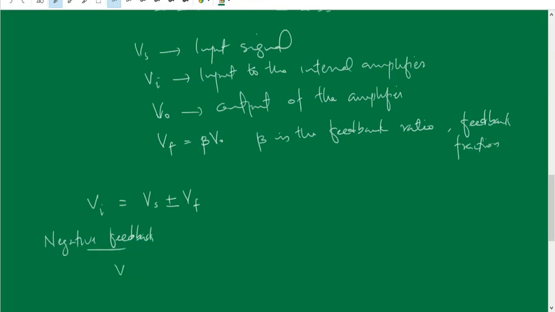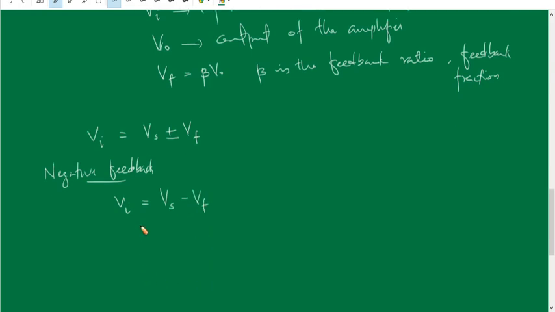In negative feedback, the input to the internal amplifier Vi is equal to Vs minus Vf, which is Vs minus beta Vo.